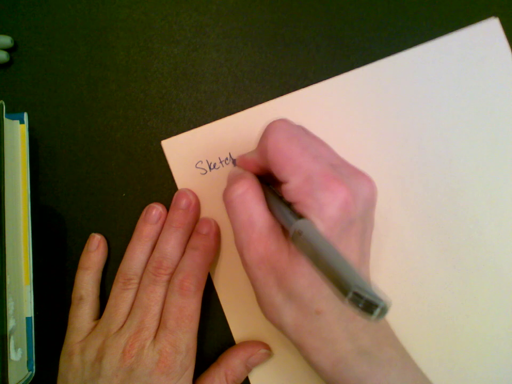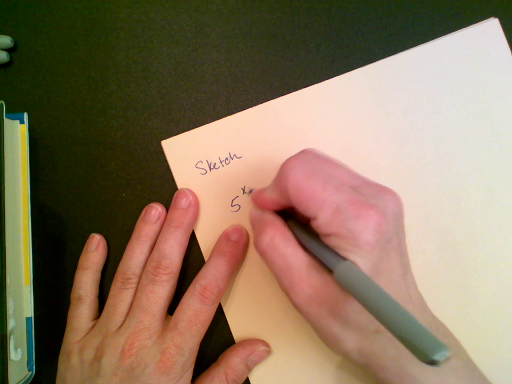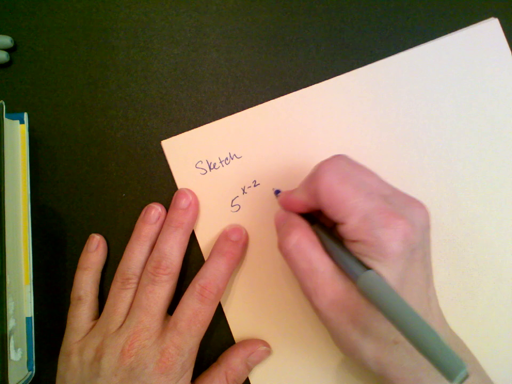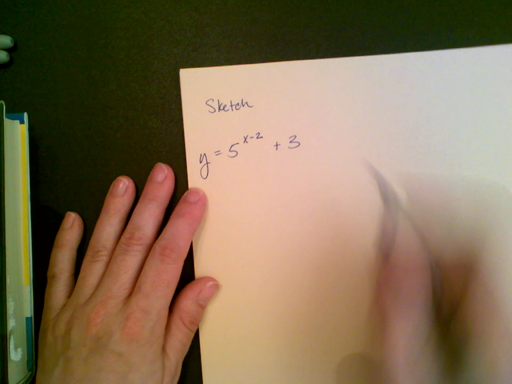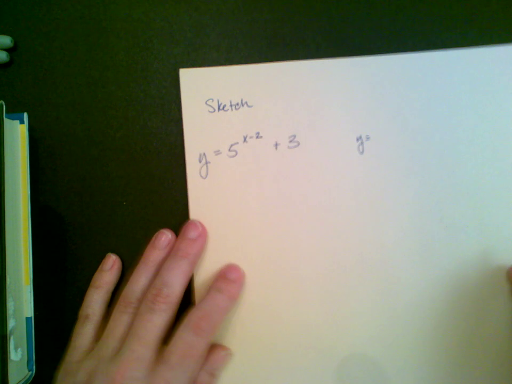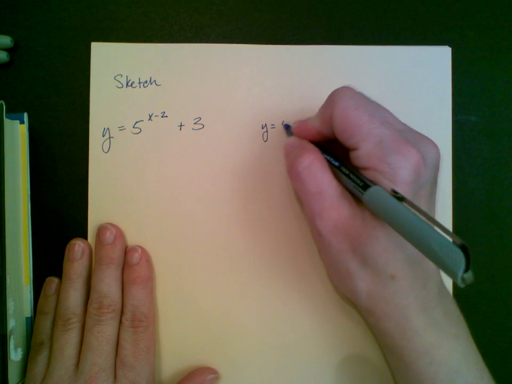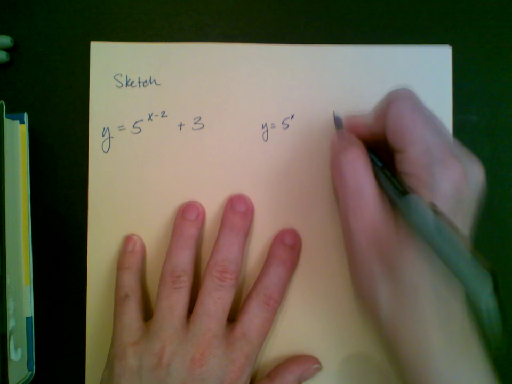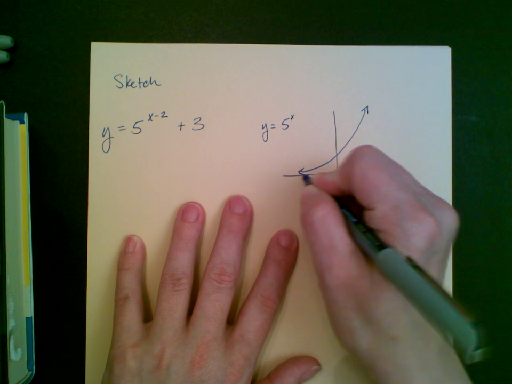So sketch 5 to the x minus 2 plus 3. Well, y equals 5 to the x has this general shape.